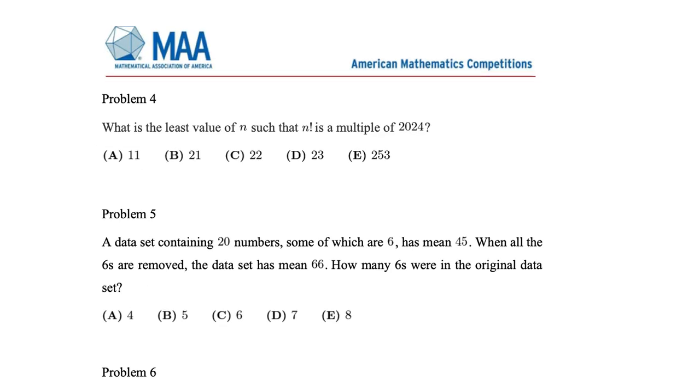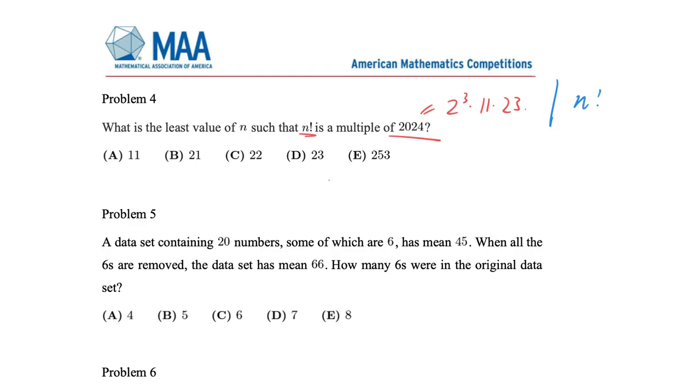What is the least value n such that n factorial is a multiple of 2024? First of all, for that year, you should know what the prime factorization is. Last year, it was known that it's 2 to the third times 11 times 23. And so basically, you can just look at each of the factors, and you want to ensure that this thing divides n factorial.